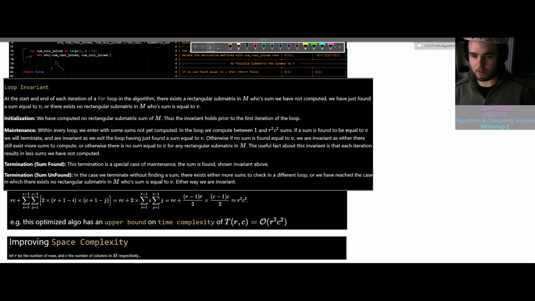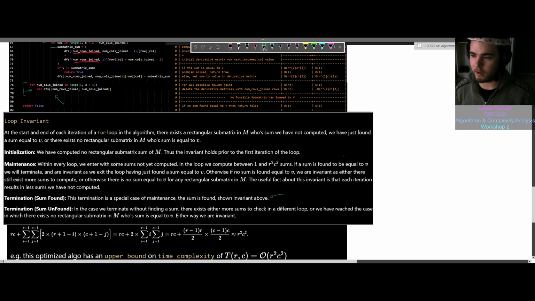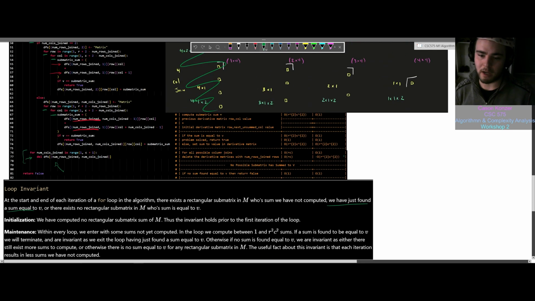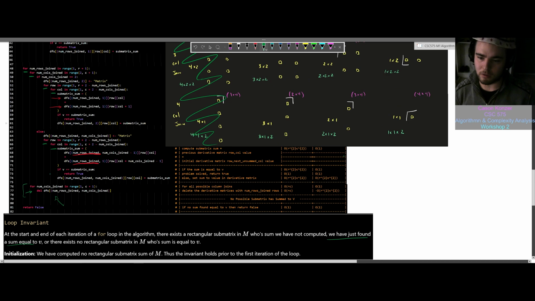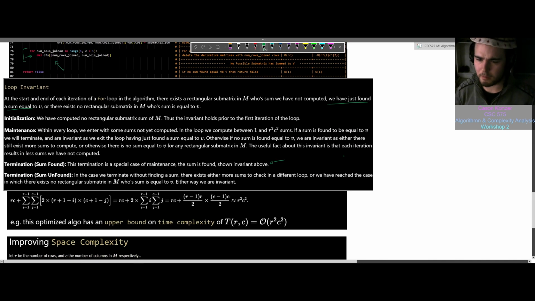One is that during the maintenance, you compute a sum, you compare it to V, and it is the value itself. In that case, we have termination where the sum is found, and we exit the invariant in that we have just found a sum equal to V. And we actually never enter another loop, because as soon as we find that, we return true from the function. The other termination is that the sum is unfound.